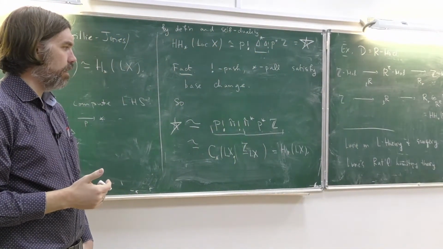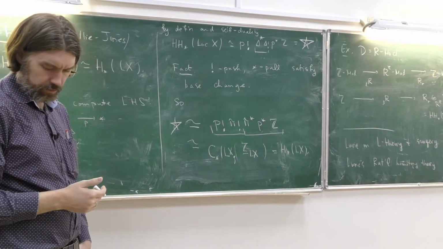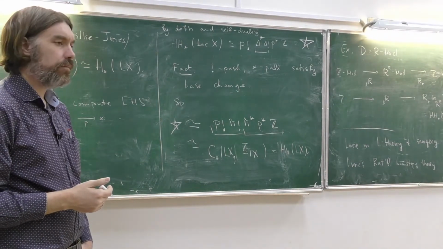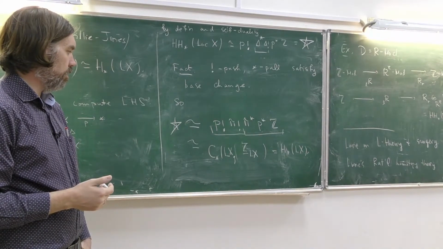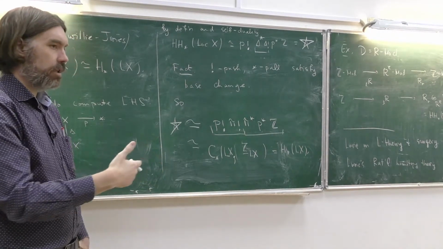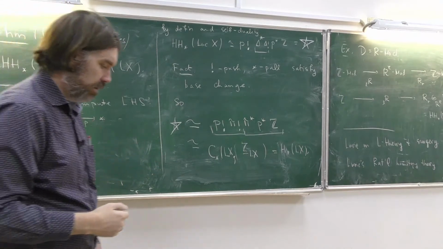Lurie's reduction is something else. I don't remember. It's not a very long argument, though. It's not that hard. But there's at least just by adjunction a comparison, and you have somehow to check that it's always an isomorphism.